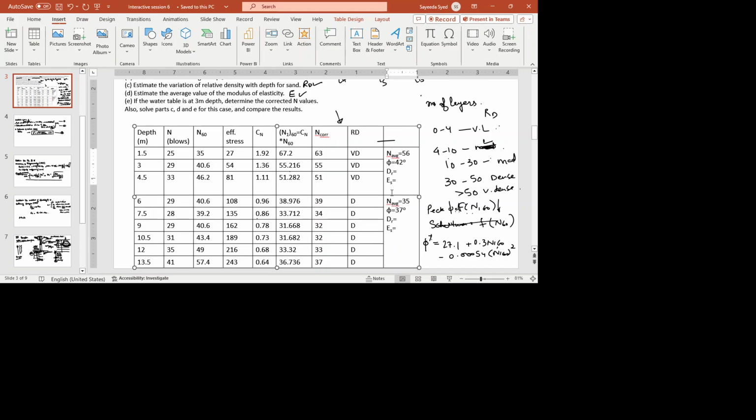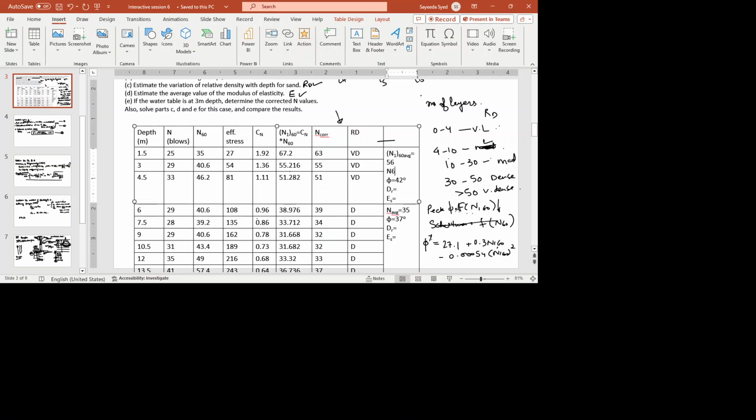let me do this. Yeah, this is N160, and let us calculate the N60 average for both the strata that we have identified.